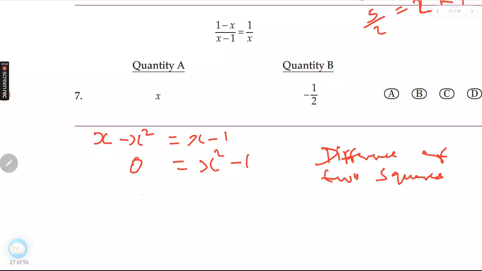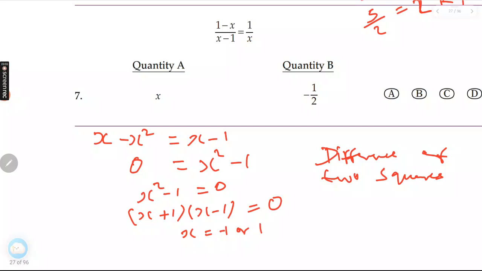So s squared minus 1 equals 0. Their sum is s plus 1 into s minus 1 equals 0. So s equals minus 1 or s equals 1.